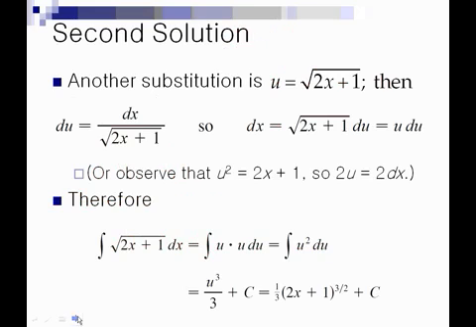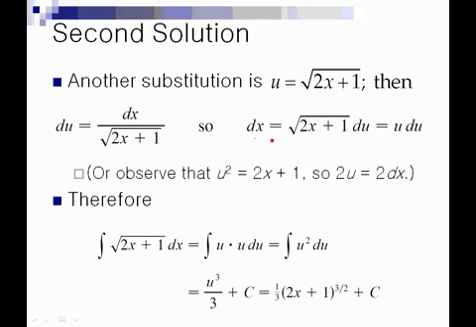Okay. And now another substitution is just let u be what you had, square root of 2x plus 1. Now, you differentiate and find the differential transformation in this manner. You find du is going to be dx over square root of 2x plus 1.